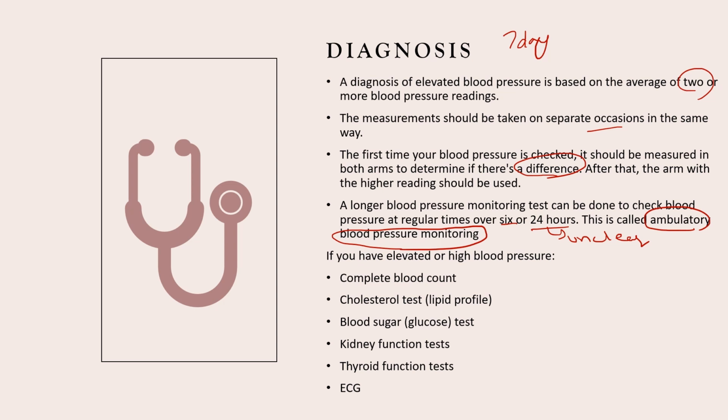But if the practitioner knows that you already have hypertension, there are a few tests that need to be done, like complete blood count, lipid profile, blood sugar test, kidney function and thyroid function tests, and ECG. This rules out if there's any secondary cause of hypertension. We discussed these in the slides before.